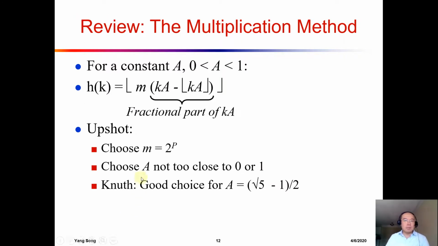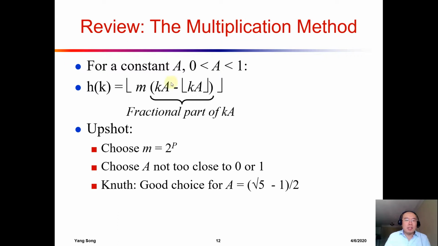For this multiplication, we have to pick a constant a, and this a is between 0 and 1. Then for a key k, we compute m multiplied by this part: ka minus the integer part of ka. So k multiplied by a, minus the integer part of k multiplied by a.